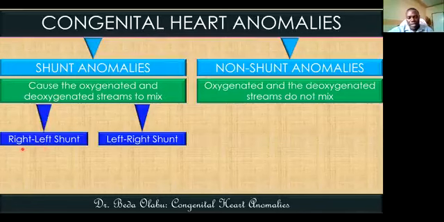So when we say this is a right to left shunt, it means that blood is moving from the deoxygenated stream to the oxygenated stream. You have an abnormal channel that makes blood move from the deoxygenated to the oxygenated side. And if you have a left to right shunt, it means that you have an abnormal connection that is causing blood to move from the oxygenated side to the deoxygenated side.